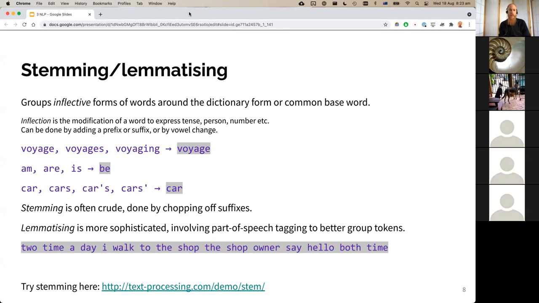Stemming is very crude. It tends to be done just by having a list of suffixes or prefixes, so es, ing, and using that list to chop off bits from input words and leaving a base word, and then counting the number of similar base words. And it's very crude.